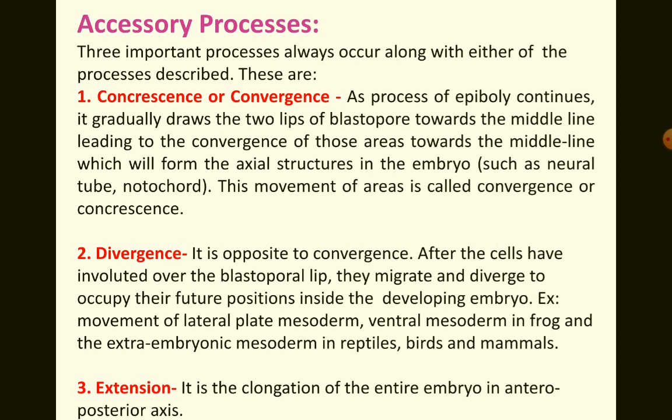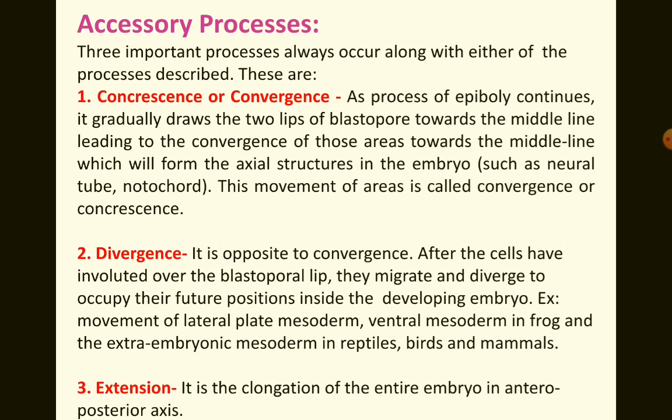And then extension. It is the elongation of the entire embryo along its anterior-posterior axis. Once gastrulation completes, it enters the process of neurulation, during which the embryo extends antero-posteriorly, and this process is called extension.